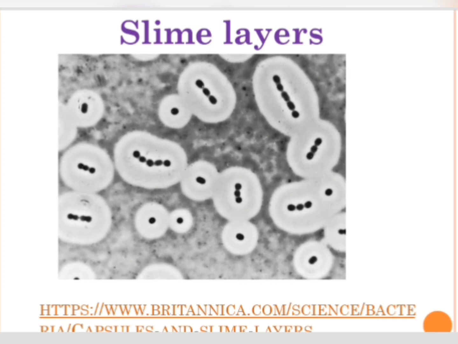Here we can see the slime layer as a viscous covering, an abundant viscous covering of the capsule around a colony of bacterial cells. So we can see more than one bacterial cell in almost all the slime layers. So this is the difference between capsule and slime layer. In a capsule only one bacterial cell is seen, and in a slime layer more than one bacterial cell is seen.